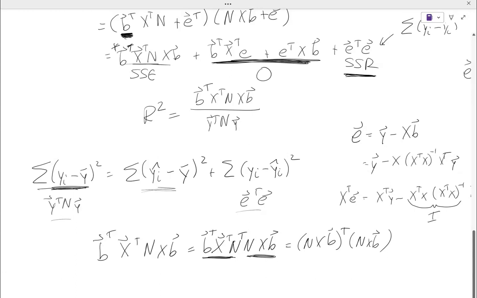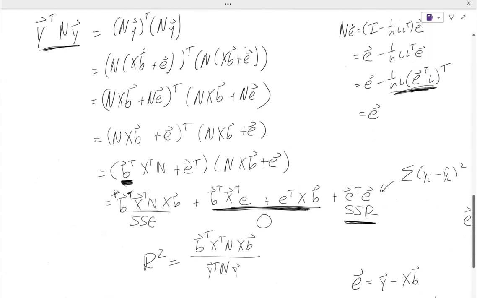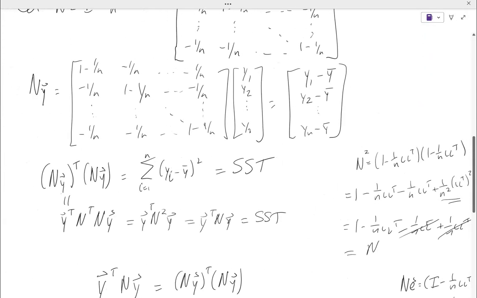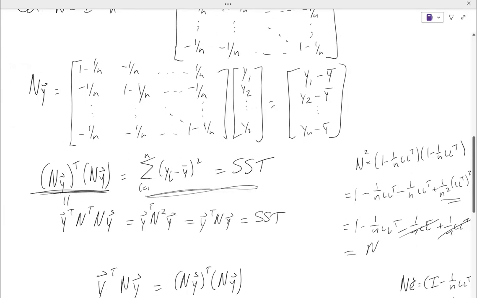Okay. So let's talk about what that sum of squares was. Let me scroll back up and go back into your notes here, somewhere in here. Right here, this was our total sum of squares, correct? And remember how we got that? It was because when we took N times the Y, I got the deviations in each of those terms, so that when we multiplied it by the transpose in front, it squared each of those terms and added them up, right?